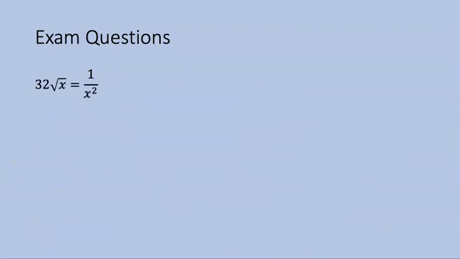One more to go. So I've now got this exam question: 32 multiplied by root x equals 1 over x squared. To deal with this one, first I'm going to change this square root. So square root of x is x to the half. That equals 1 over x squared. Now I'm going to multiply both sides by x squared.